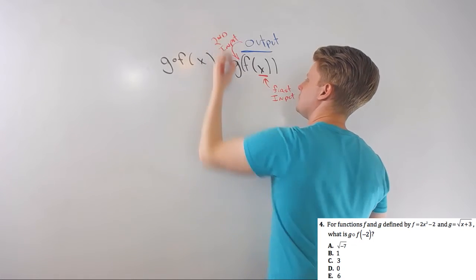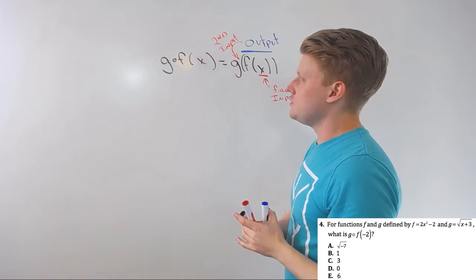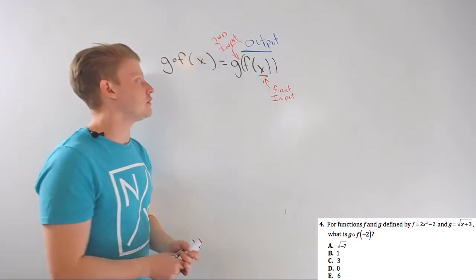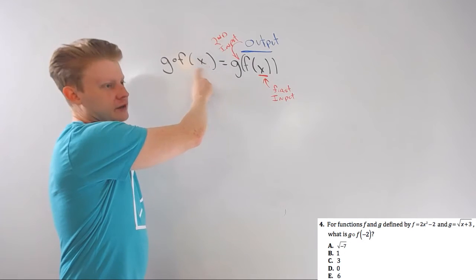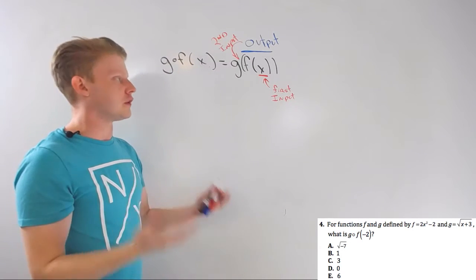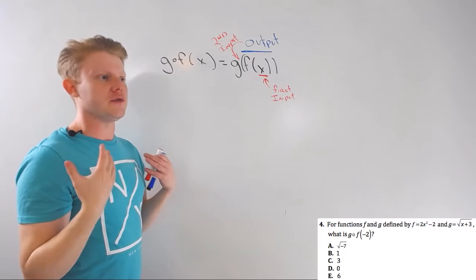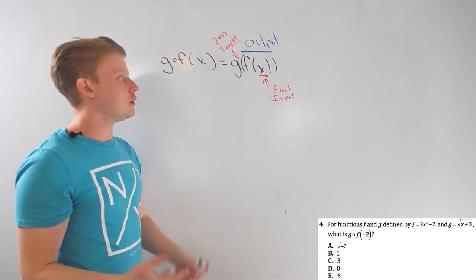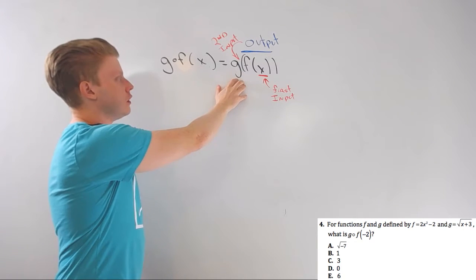for function g. Now, g and f are the most commonly used letters when we talk about functions. They could be any letters. It doesn't have to be g of f of x. It could be f of g of x or whatever. I'm just using that because it's very common. If you see an f, it doesn't mean f goes first. If you see a g, it doesn't mean g goes last. What's on the outside goes last.